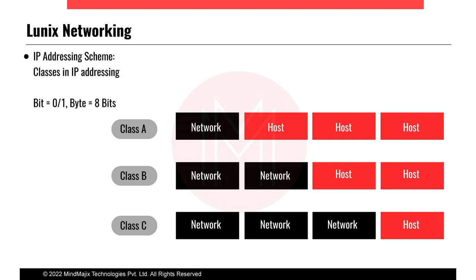I have added the binary representation in the upcoming slides. For now, consider how many classes there are and that the class is decided on the basis of how many network bits and host bits there are.